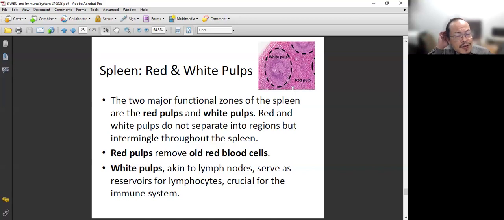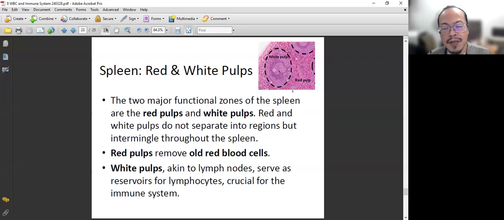Red pulp is different. Red pulp is the one related to the major function of the spleen. We talked about earlier that the spleen is the location where the aged red blood cells get processed. So the red pulp serves that function. We have a lot of macrophages over there. They will check on the quality of the red blood cells.